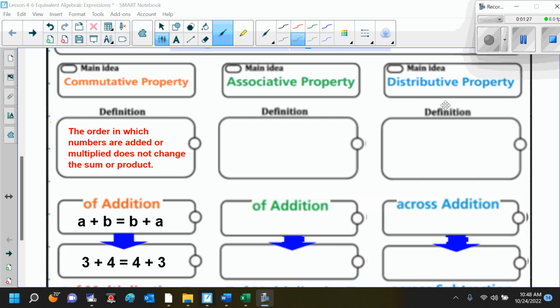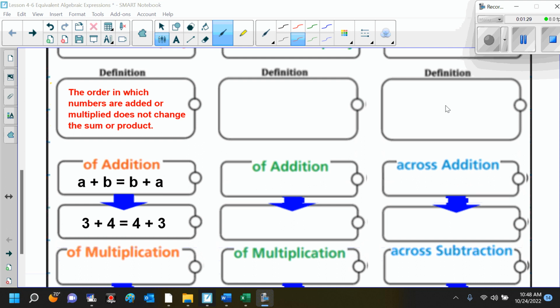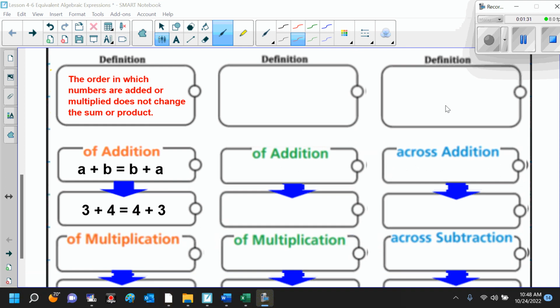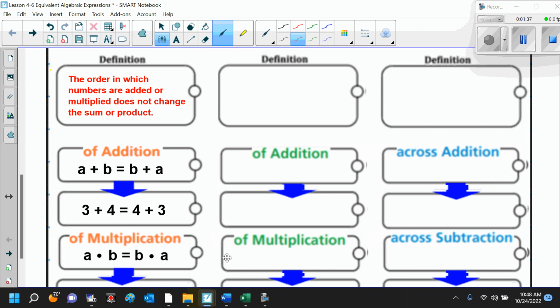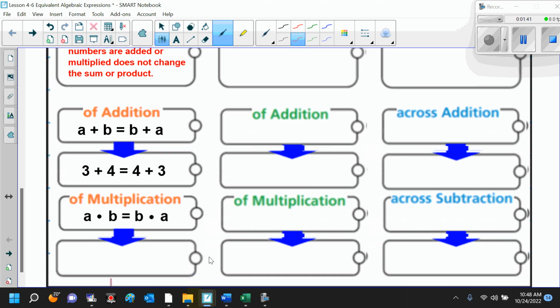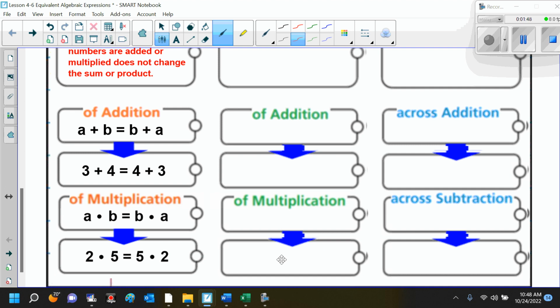It also works for multiplication. A times B is the same thing as B times A. And again, 2 times 5 is the same thing as 5 times 2.